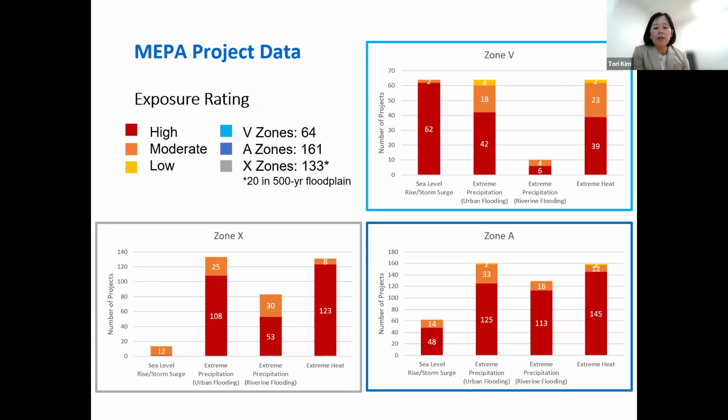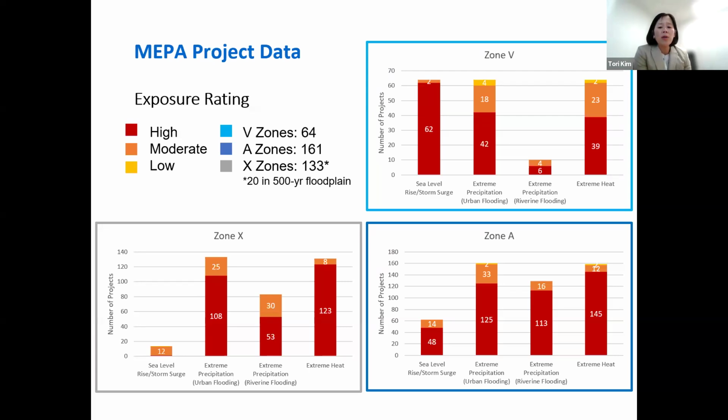That category is sort of overlapping. It's not a distinct category in terms of the two types of extreme precipitation, but 161 projects in the A zone and about 125, 113 are rated high risk for extreme precipitation. So again, not a surprise. These are currently in the 100-year floodplain.